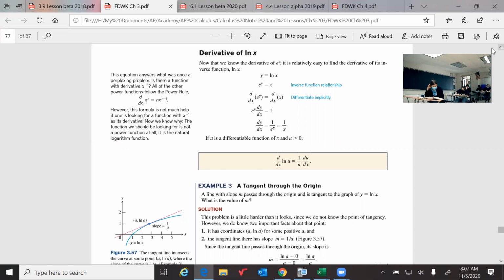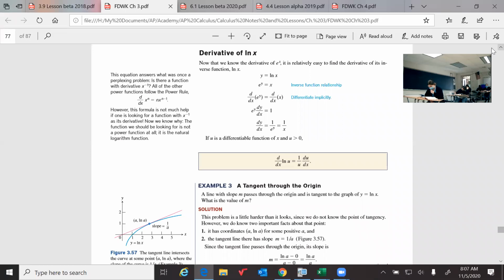Now on the right side, it's user-friendly because you're finding the derivative with respect to x of x, which is just a 1. On the left side, you have to do this implicitly because you're finding the derivative of e to the y with respect to x. And those variables don't match.